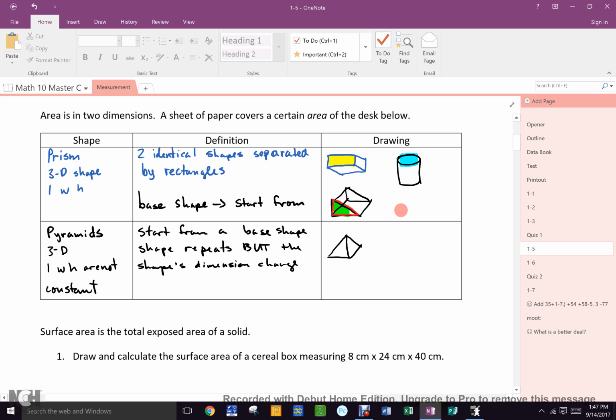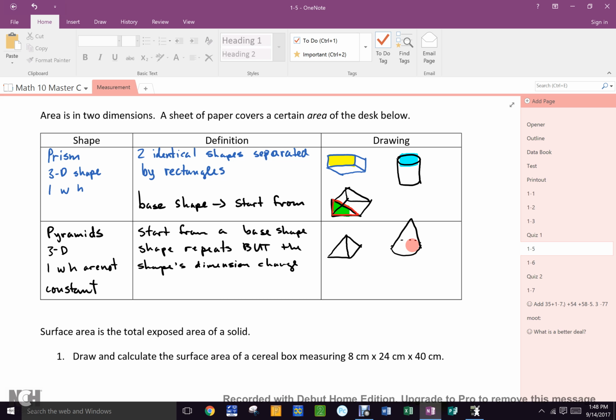What other shapes can we have for a pyramid? Can I start from a circle? And what happens then? It becomes a cone or a circular pyramid, right? We start from a circle and it gets smaller and smaller, and then they disappear.